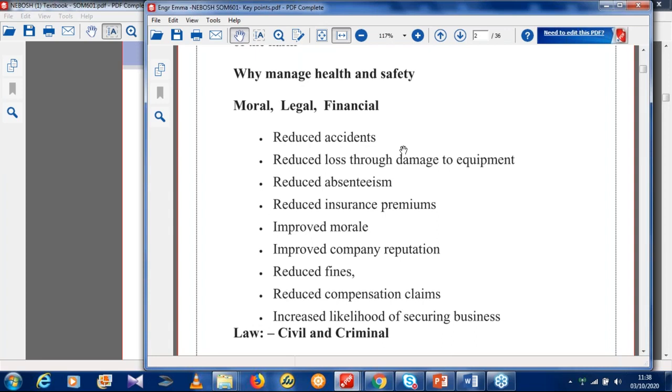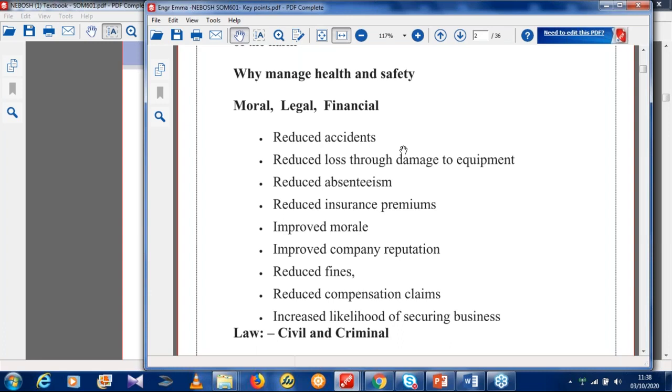Now, when we're talking about the financial or economic reason, what are we looking at in this case? Let's take the moral reasons first of all. In general, what you have here on the screen is a summary. But if you want to take them individually, for the moral reason alone, what do we mean there?